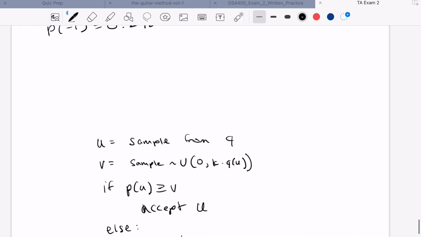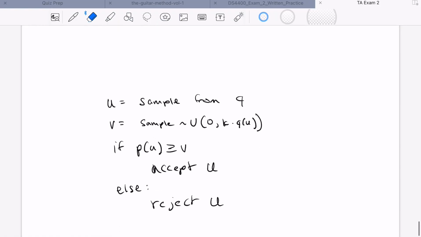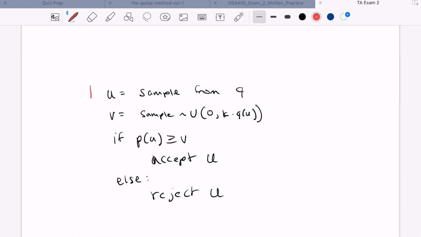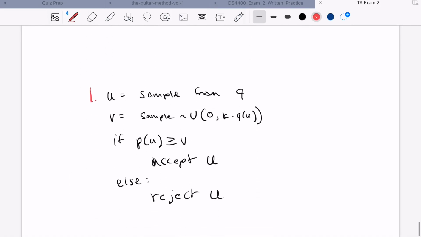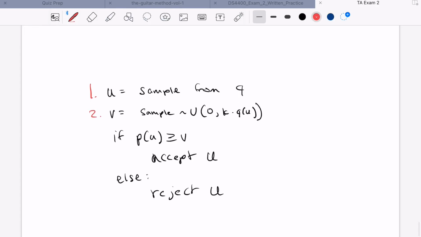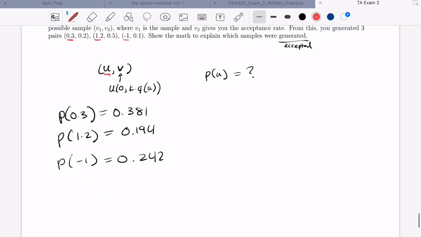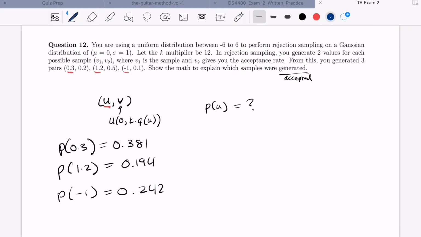So the steps of rejection sampling are: 1, we generate a U value sampled from Q. Remember, that's this first value, so that's 0.3, 1.2, and -1. 2, we generate a V value, which is basically a value along the y-axis, uniform between 0 and K times Q of U. We also have that given to us.